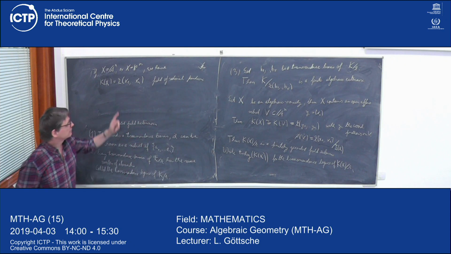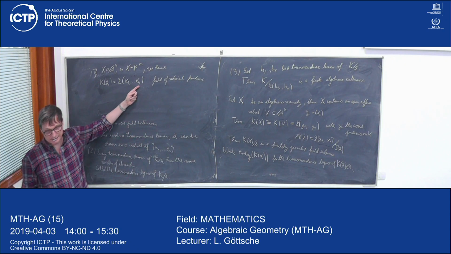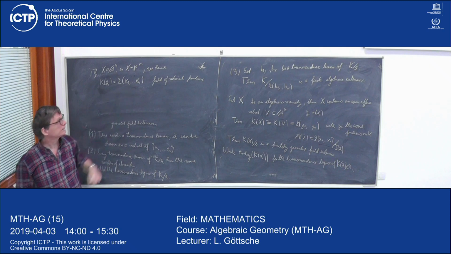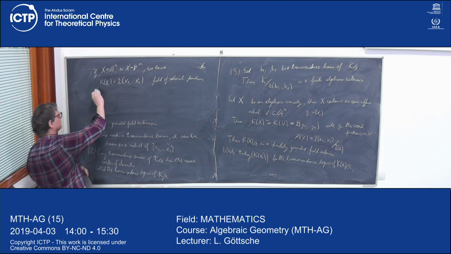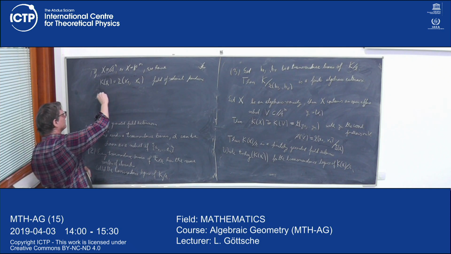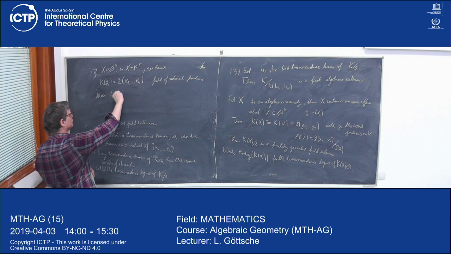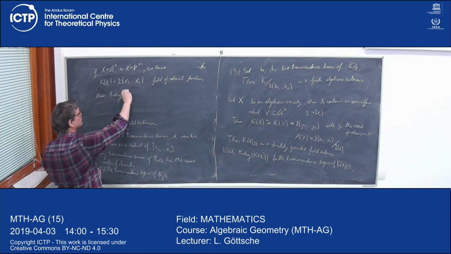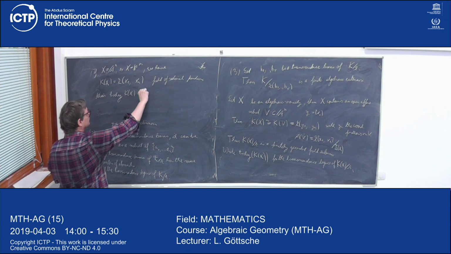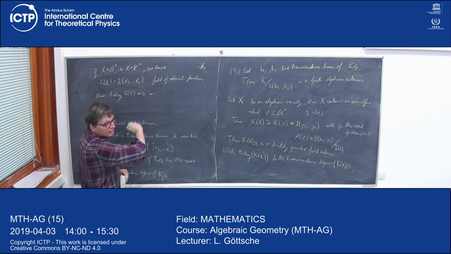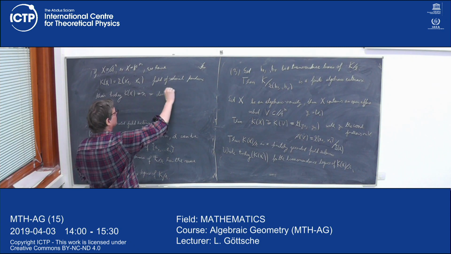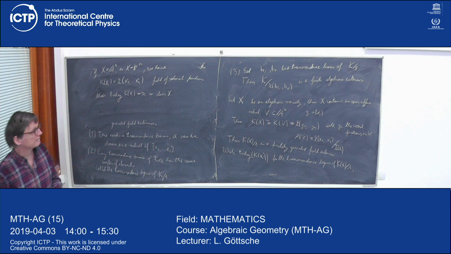This means x1 to xn are algebraically independent and generate it, so the transcendence degree of k(X) is equal to n, which happens to be the dimension of X in this case.